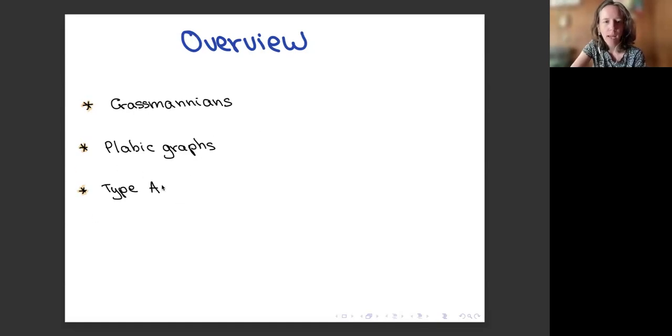And then in type A, this is kind of the intersection. Type A_n, this finite type, is a surface type, so it comes from triangulations of a disk, but it is also a Grassmannian type. So this is where the two worlds intersect, and I'll briefly mention that as well.